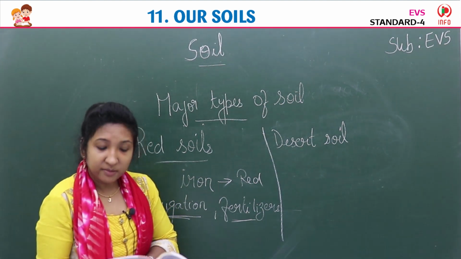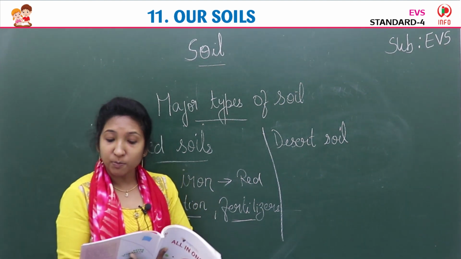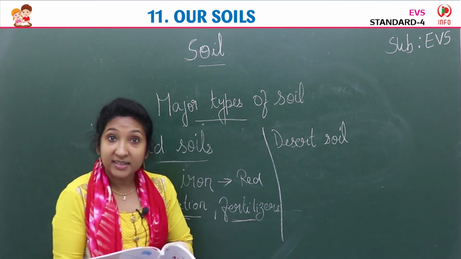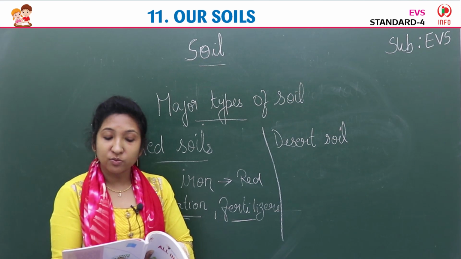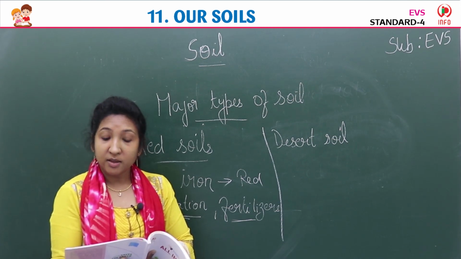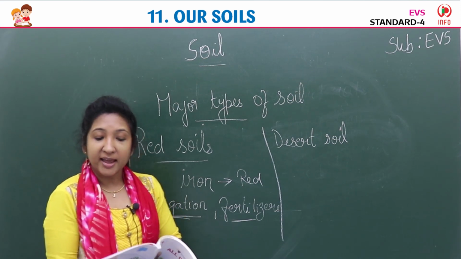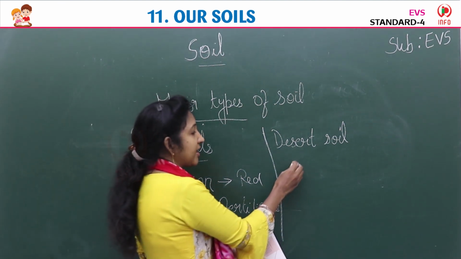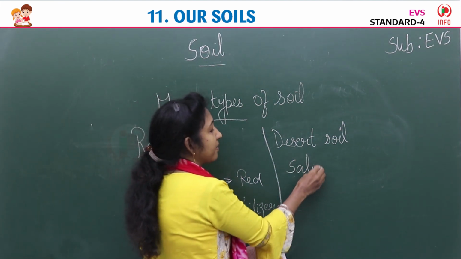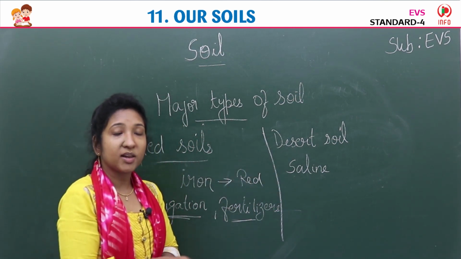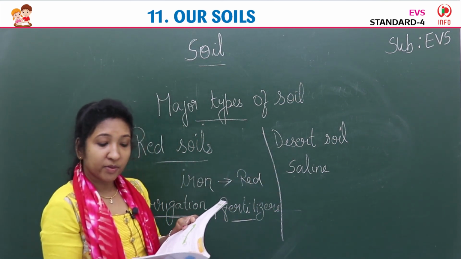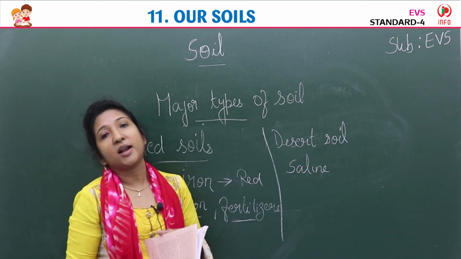Soils of Rajasthan, Haryana and South Punjab are sandy, S-A-N-D-Y. In the absence of sufficient wash by rainwater, soils have become saline. Saline means a salt content in the soil, soil mixed up with salt, we say. And rather unfit for cultivation.